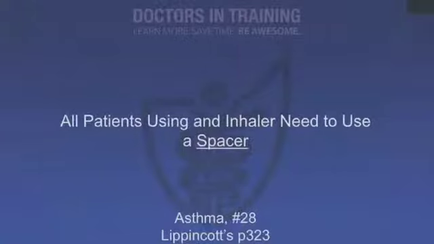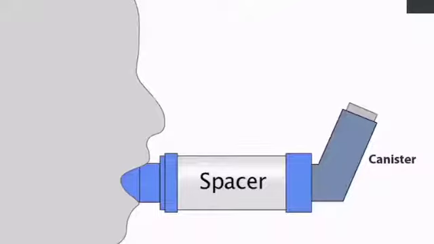We'll show you a diagram, but basically it's a tube that you squirt the puff of inhaler medication into, and it allows the medication to distribute within that tube so that when the patient breathes it in, it actually goes down into their lungs, as opposed to puffing the inhaler in their mouth where 90% or so of the medication will stay in their mouth. And so I always want my patients to use a spacer with an inhaler, and certainly young children and elderly people should definitely use a spacer because there's coordination involved that the spacer really helps with.